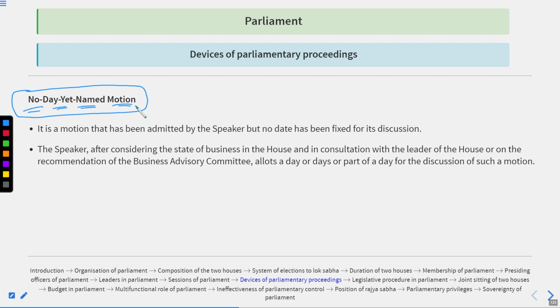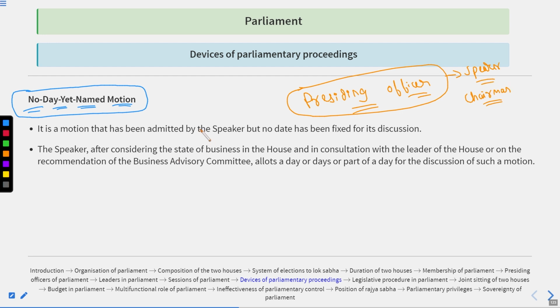Okay, like we know, whenever there is any motion which is required to be passed, the presiding officer's permission to admit that motion is required. All right, and here the presiding officers are whether the speaker or the chairman.